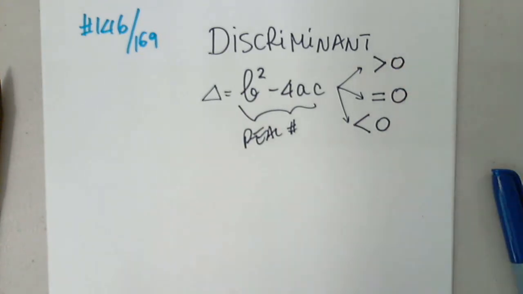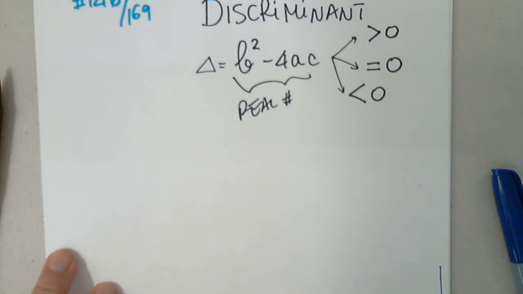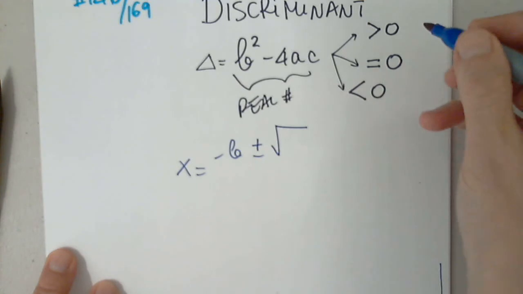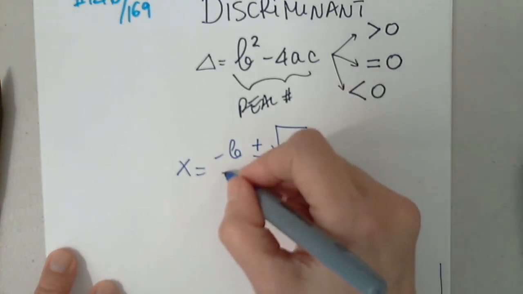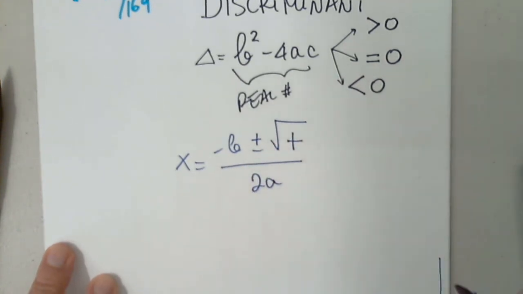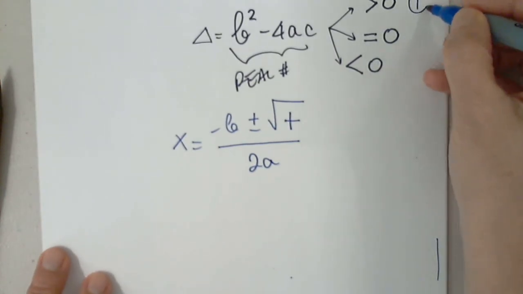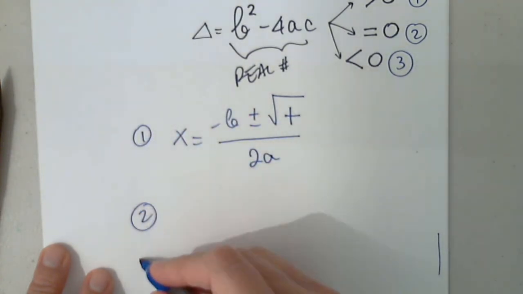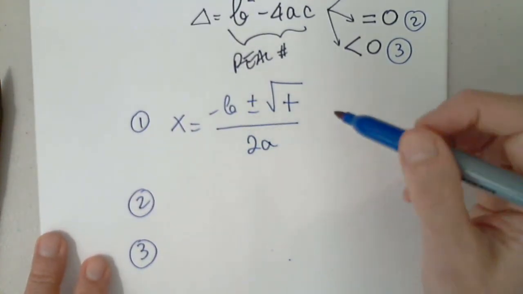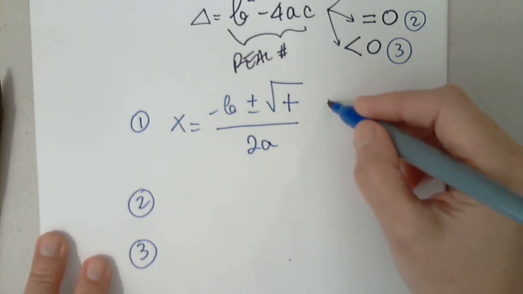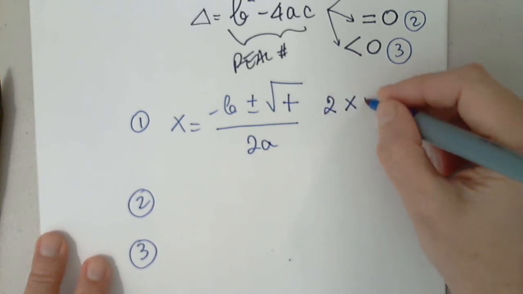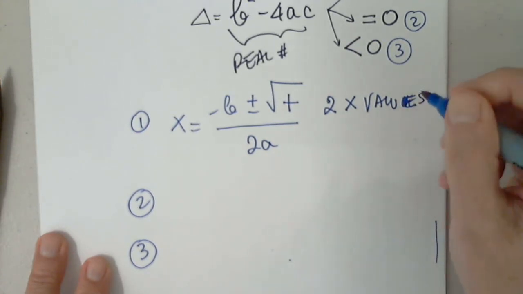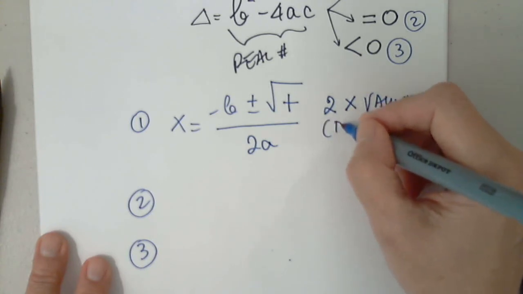And what happens in all these situations? In the first situation, when I have x equals negative b plus or minus the square root of a positive number, divided by 2a, there are 2 x values that are distinct.